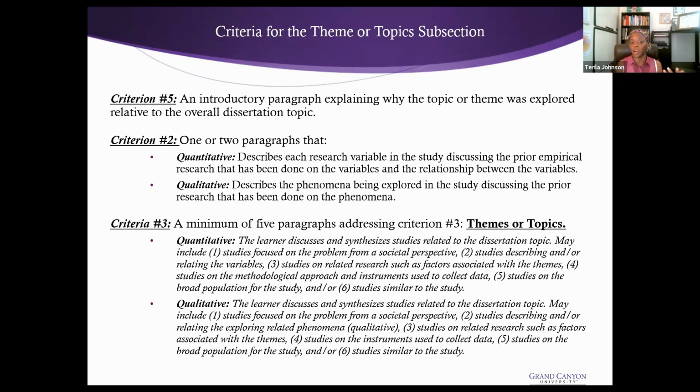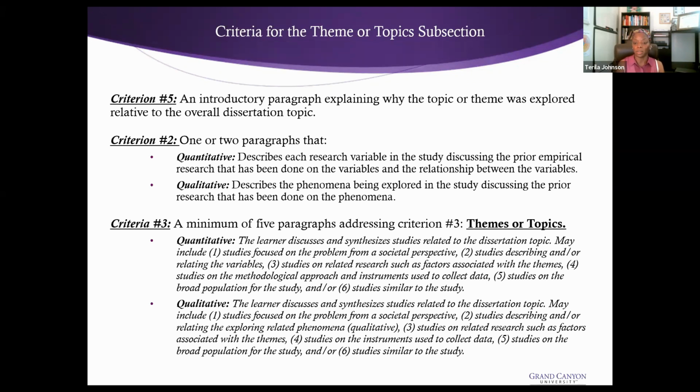Number 3, third paragraph, studies on related research, such as factors associated with the themes, right? So we already talked about those themes in the prior slide. And then number 4, studies on the methodological approach, instruments used to collect the data.